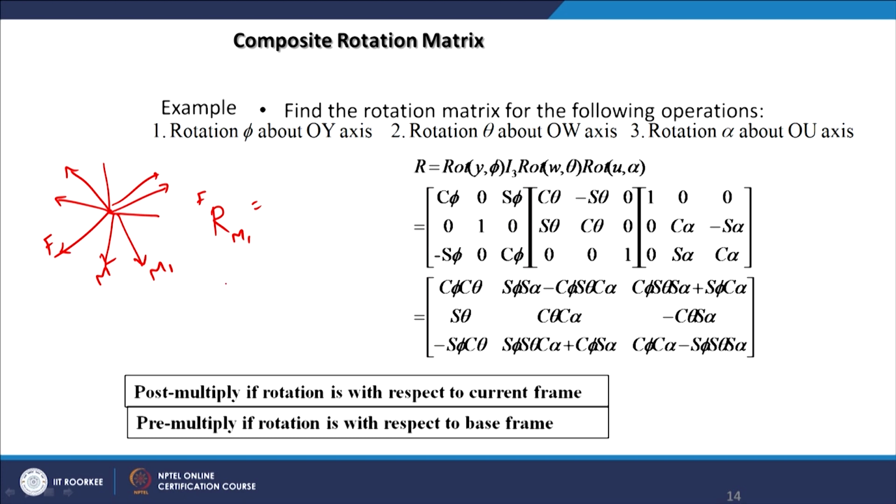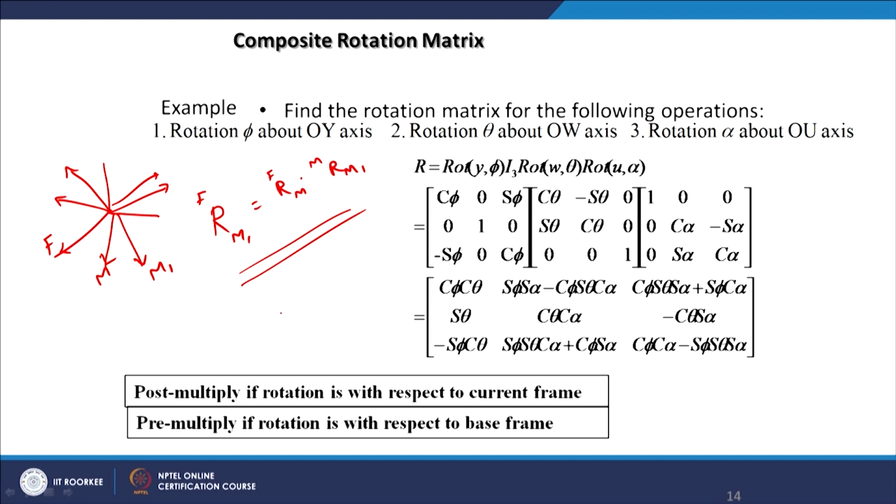That is obtained by multiplying F R M and then M R M1: the orientation of M1 with respect to the M frame, pre-multiplied by the orientation of M with respect to the F frame. That will give the representation of M1 with respect to the F frame.